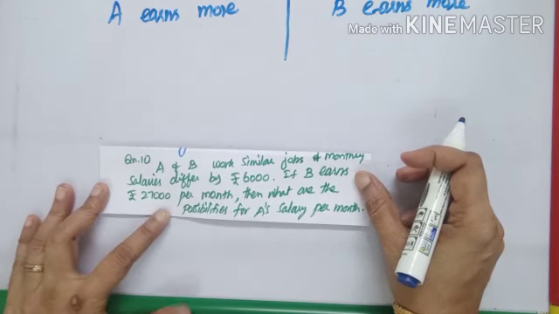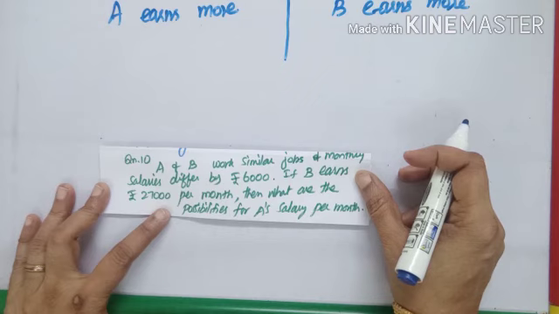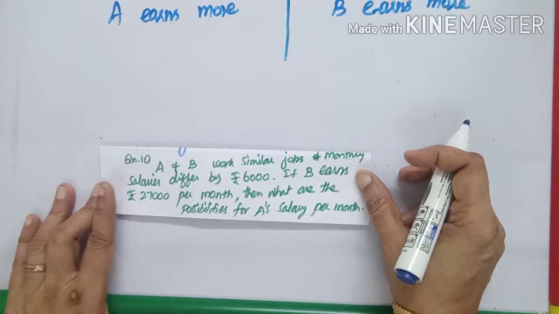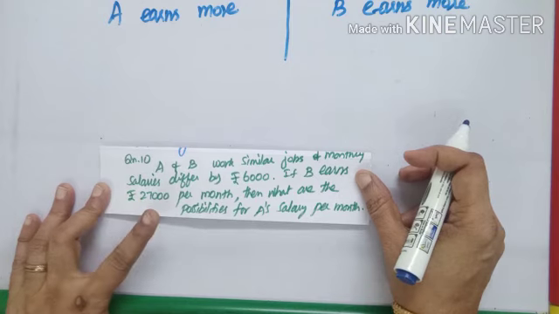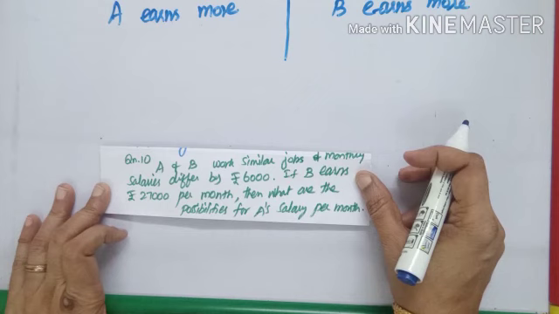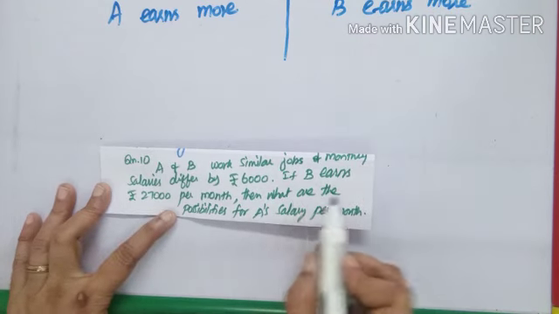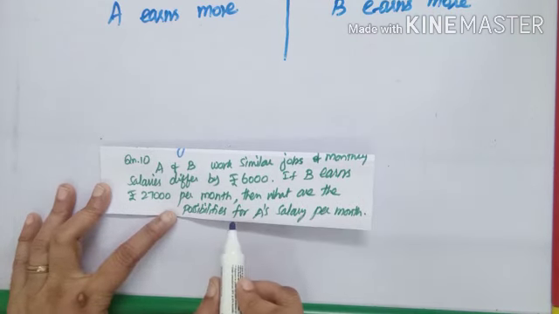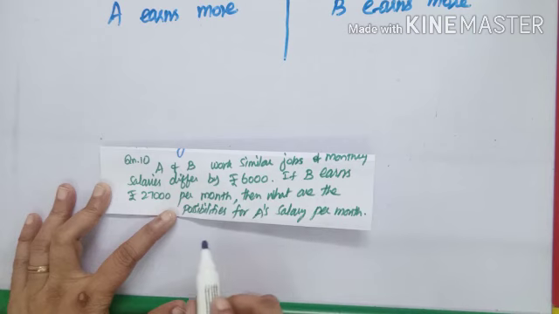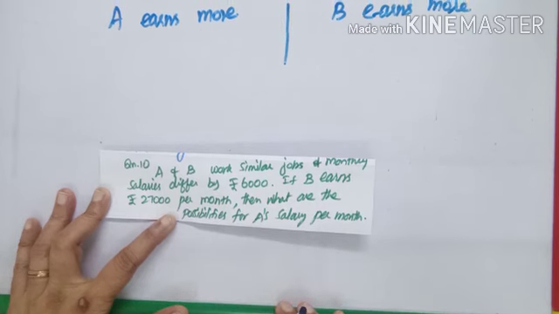Question number 10. A and B work similar jobs and monthly salaries differ by 6,000. What does this mean? A gets more than B by 6,000 or less than B by 6,000. If B earns rupees 27,000 per month, what are the possibilities for A's salary?